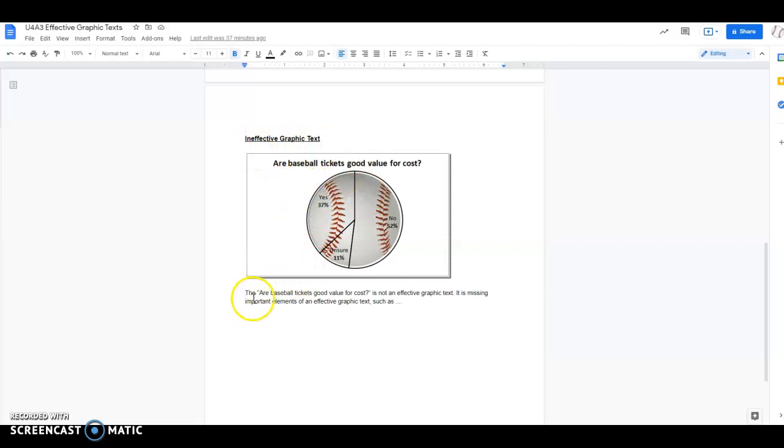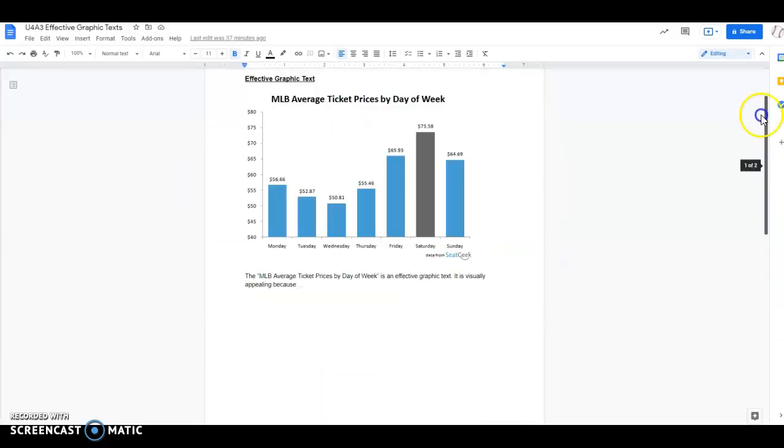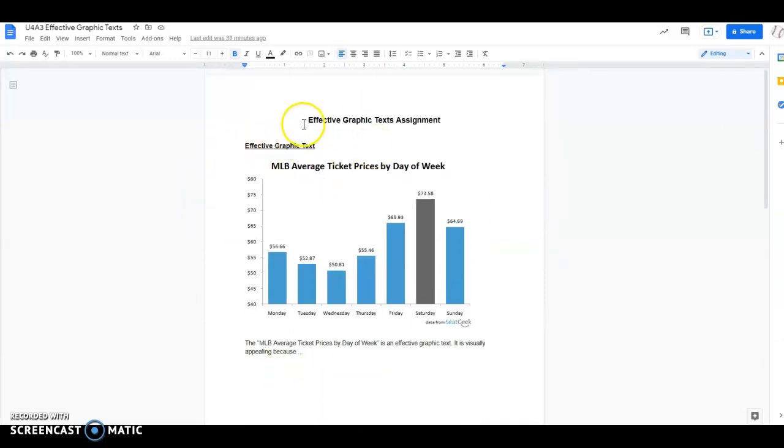And so I would say something like our baseball tickets good value for cost is not an effective graphic text. It is missing important elements of an effective graphic text such as, and then I would explain. Okay, so you're going to have 2 graphic texts and 2 paragraphs. One is explaining an ineffective graphic text, and one is explaining an effective graphic text.